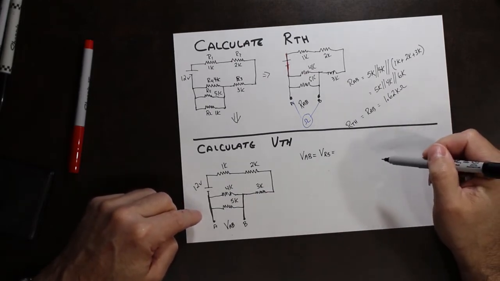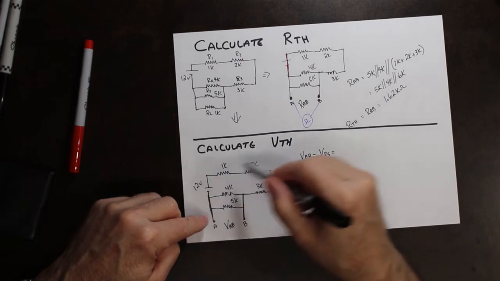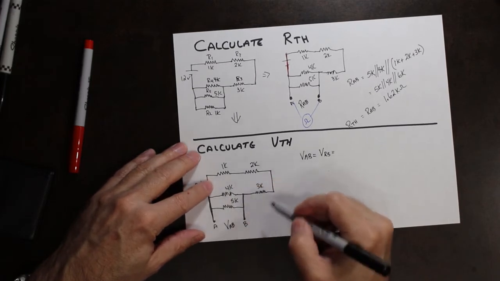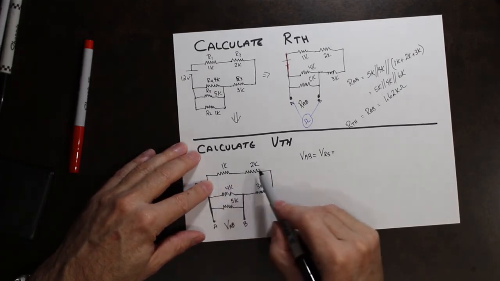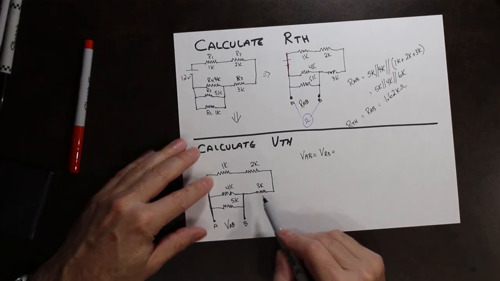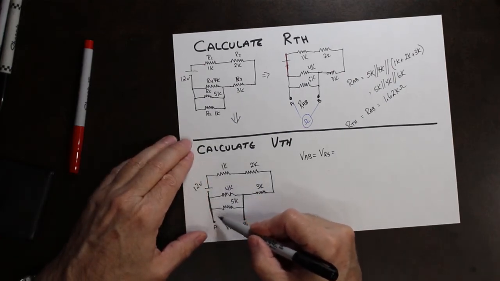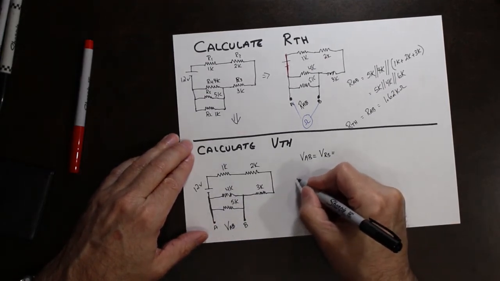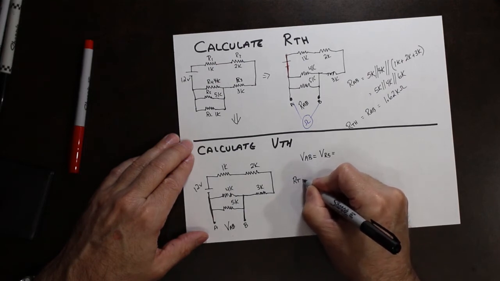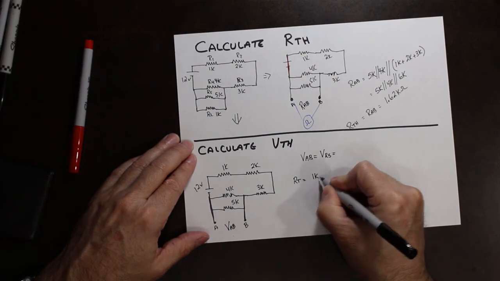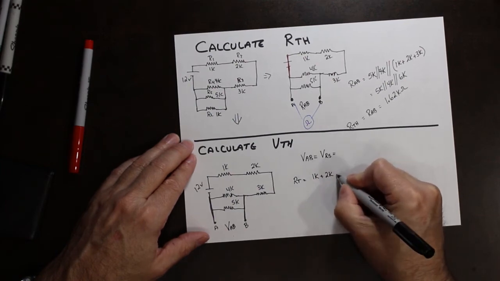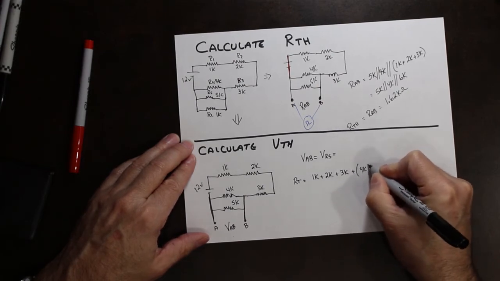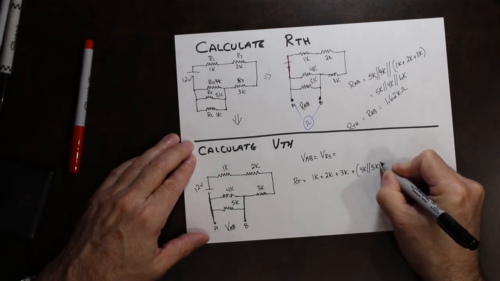So the easiest thing to do is to come up with an equivalent circuit of this so that we can figure it all out. So that we can figure out our total, we have this in series with this, in series with this, in series with these two in parallel. So what that works out to be is our total of this circuit is equal to 1K plus 2K plus 3K plus 4K in parallel with 5K.